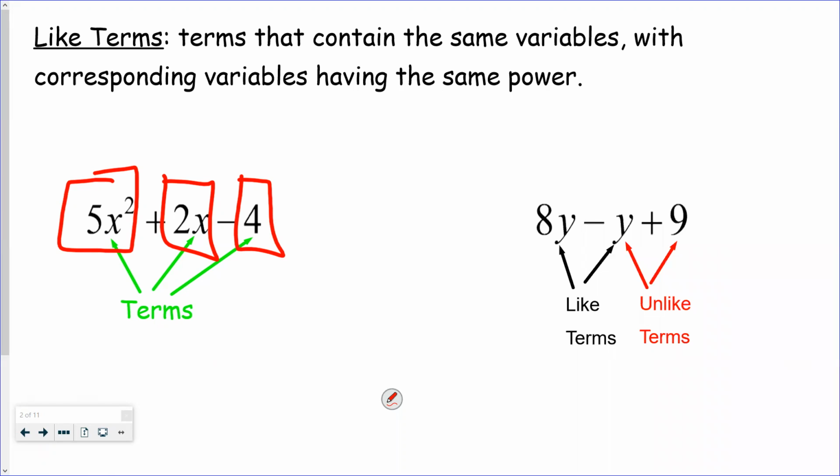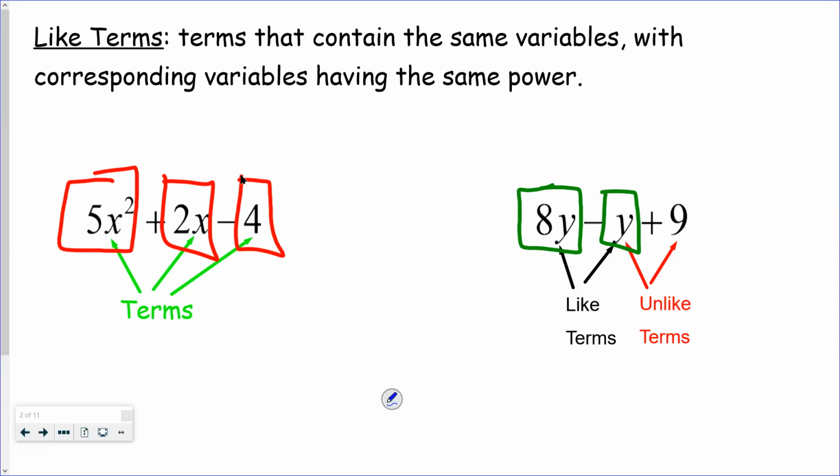So if we look here for this example, we have 8y minus y plus 9, okay? 8y minus y, these are like terms because they both have y to a single power. 9 is not a like term of these because 9 does not have a y, does not have the same variable with it, all right?